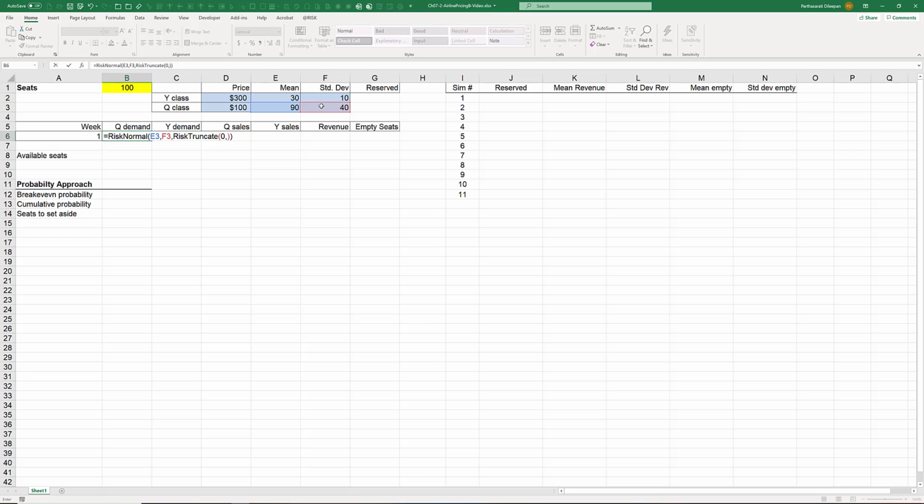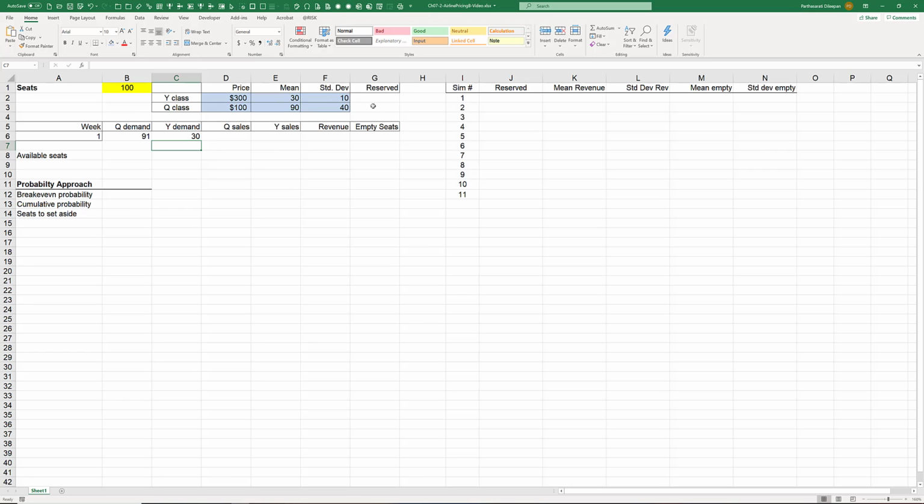Now close parenthesis. That would be a risk normal, but let's go ahead and round it. Now I'm going to go into edit mode, copy, escape out, and then here we're going to do E2 and F2 for Y class.